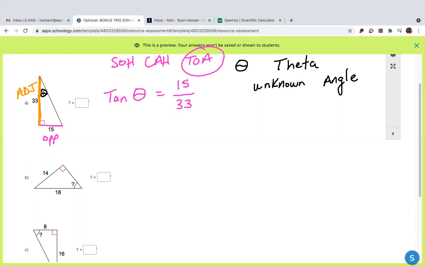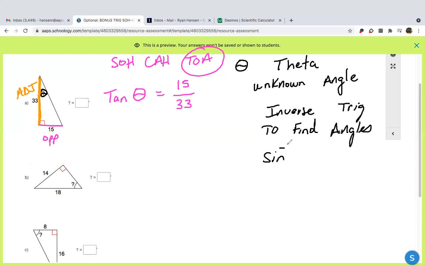Now, notice there's no X here to start multiplying. When you have to find an unknown angle, you have to use inverse trig. Inverse trig to find unknown angles. And on the calculator, it's going to look like sine inverse with this little -1 superscript, or cosine inverse with the little -1 superscript, or tan inverse.